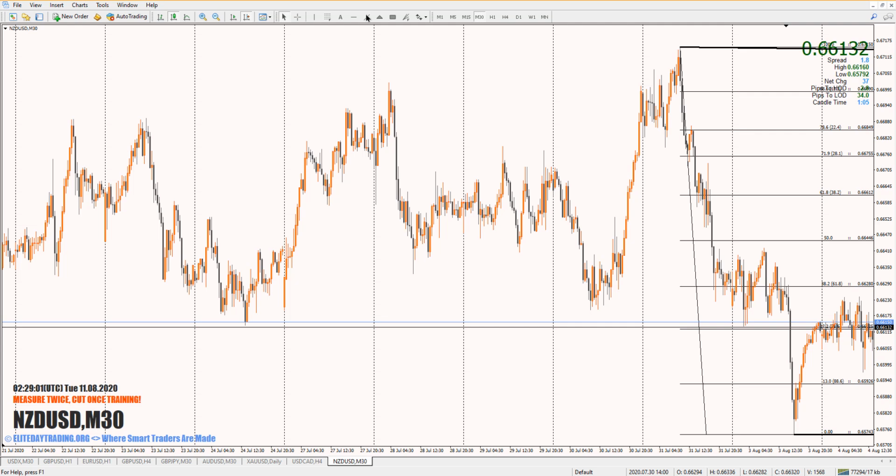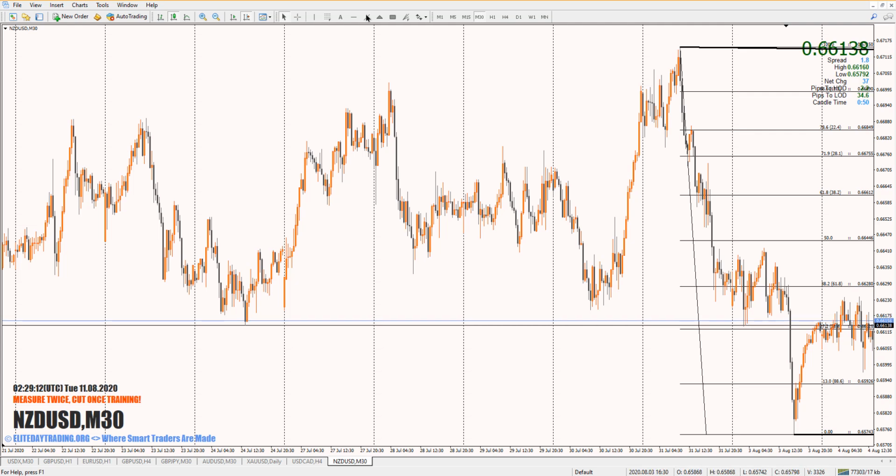But what we need to now understand is that the market price has already moved away from the low and it's making its ascent upwards, but we have this little bit of congestion here which will trap some people into thinking that the market price is going to come down.